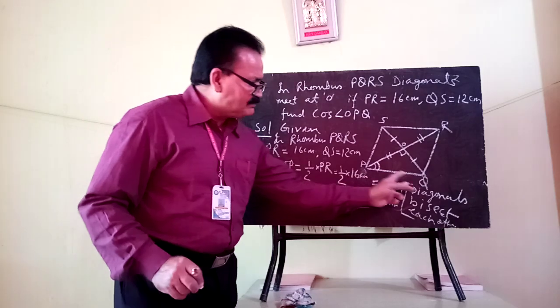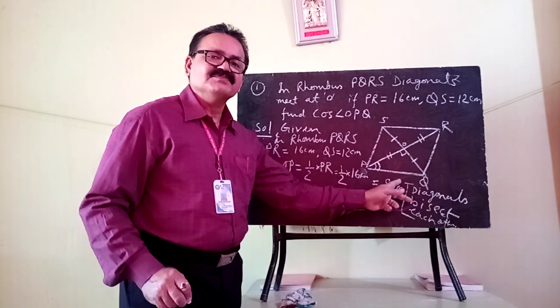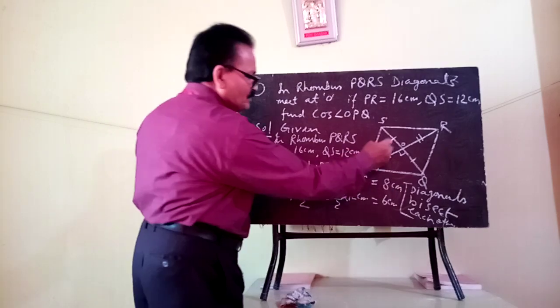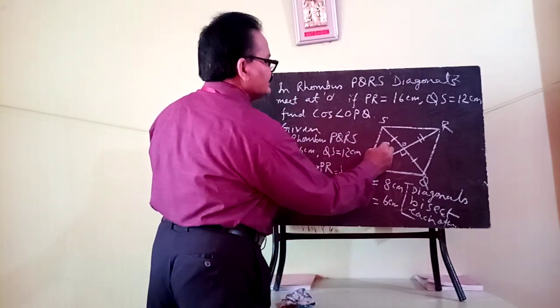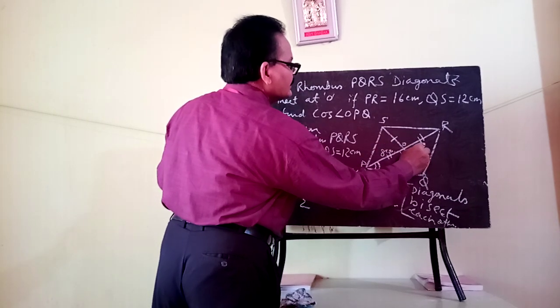You see the side PQ, which is opposite to the 90 degree angle, is the hypotenuse. Here OP is 8 centimeter and OQ is 6 centimeter.